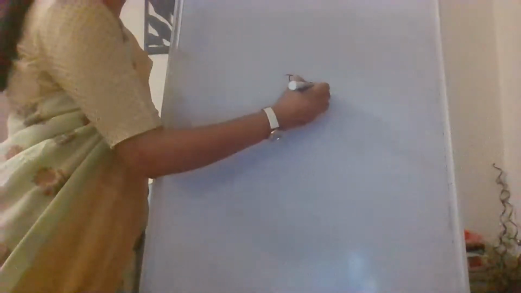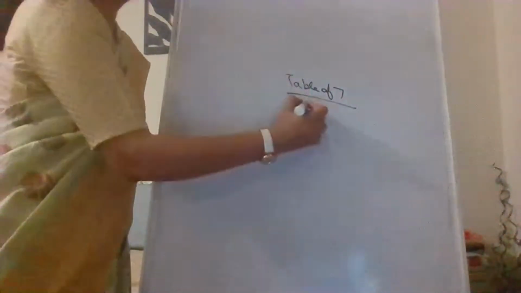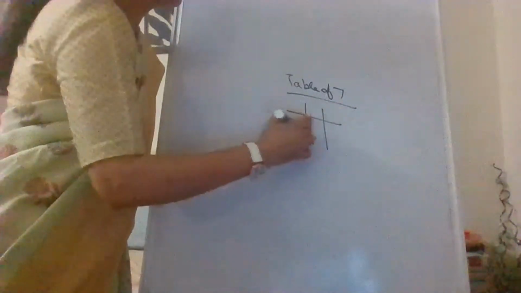That's the table for 7. It's very fun to learn. Even though you know it, then also just see. Tic-Tac-Toe. We play cross and zero in this.